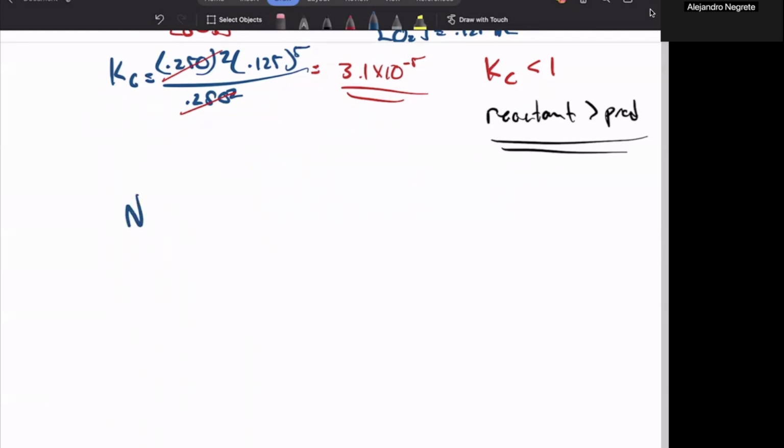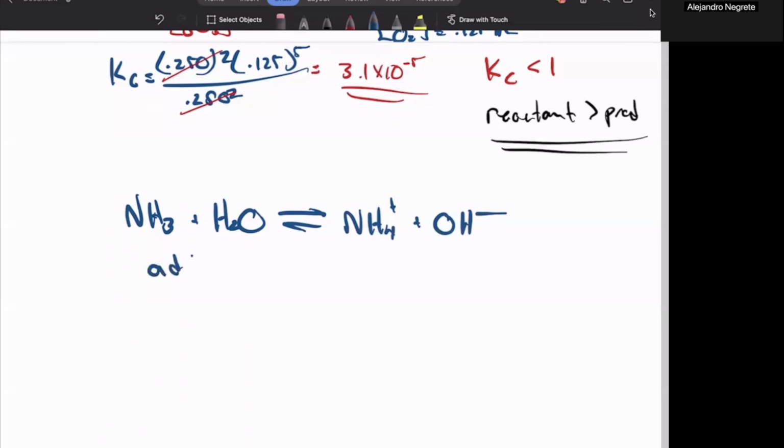So let's take this reaction here. Let's go back with ammonia plus some water, and we're going to get some ammonium plus some hydroxide here. There are certain things that we can do with this. We could maybe add some hydrochloric acid.